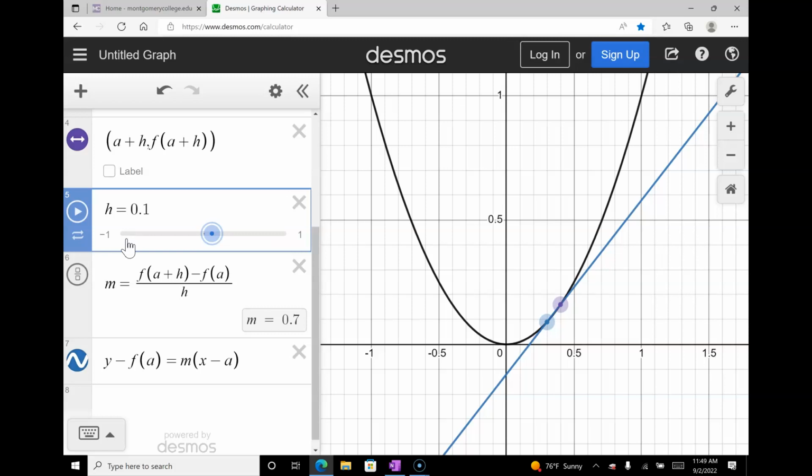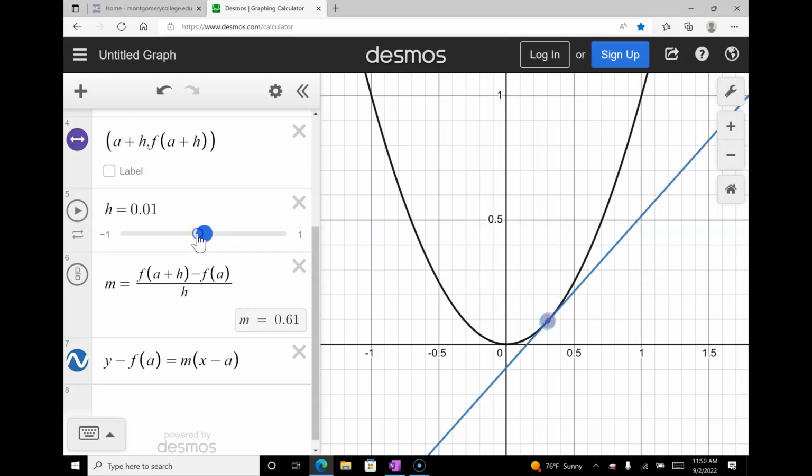So I can get h really close to 0, right? 0.6, 0.5, 0.3, 0.1. Yes? You see what I mean? And I'm getting closer to my tangent line. It almost looks like a tangent line, doesn't it?